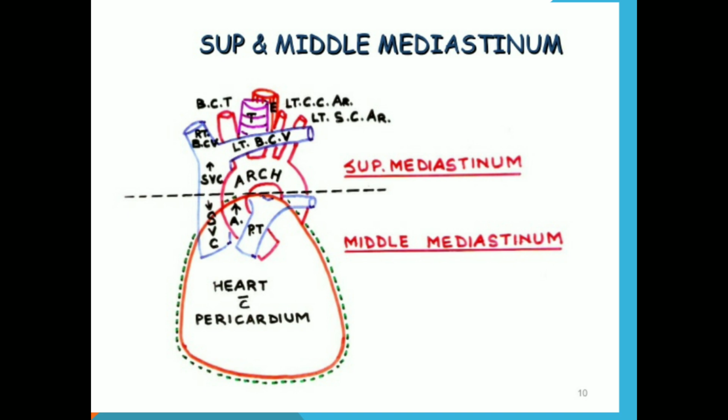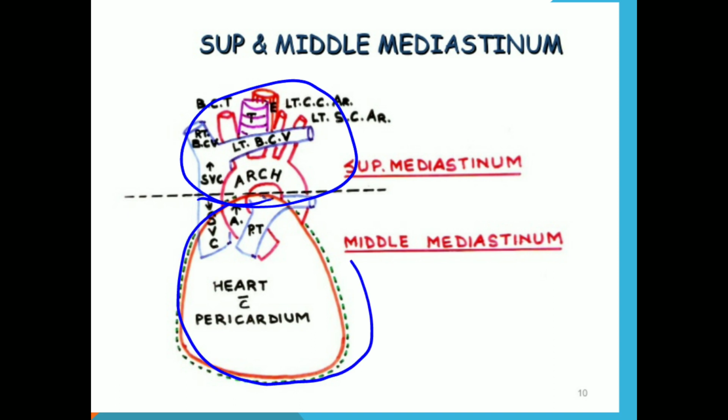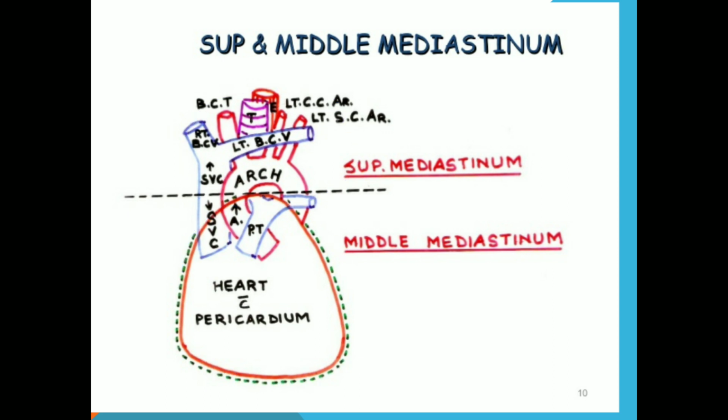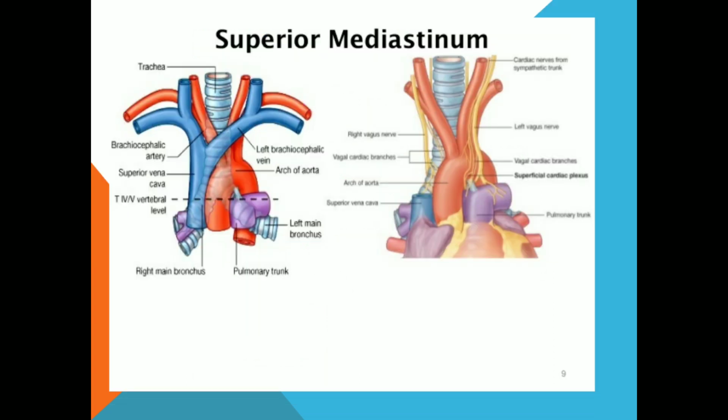So this is how it is divided. You can see the part here: this is the superior mediastinum, and this part is called the middle. Whatever vessels are entering or leaving the heart are all present in the region of the superior mediastinum.